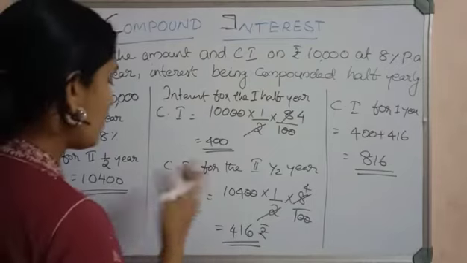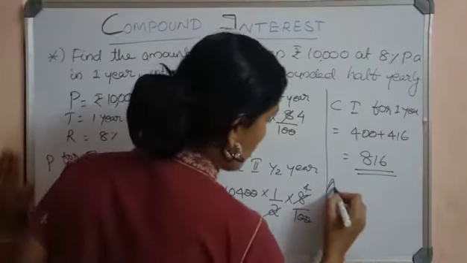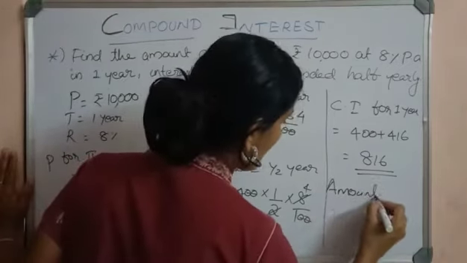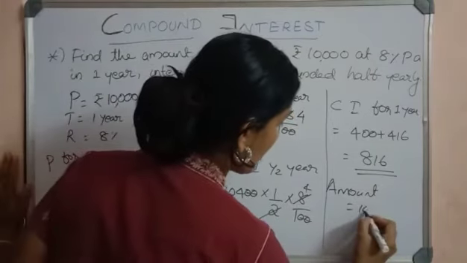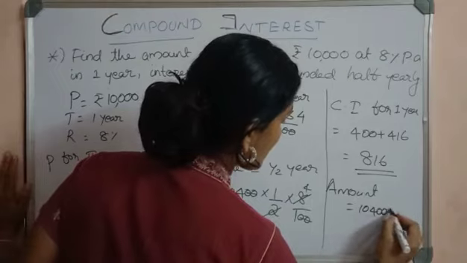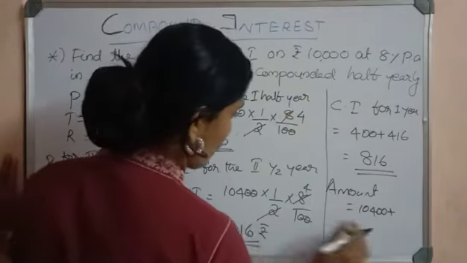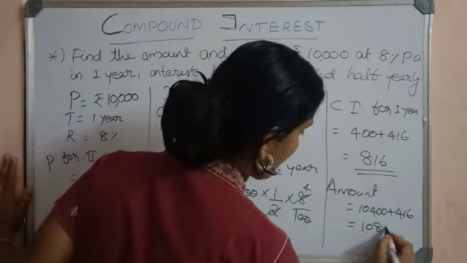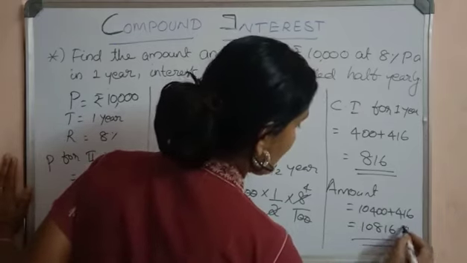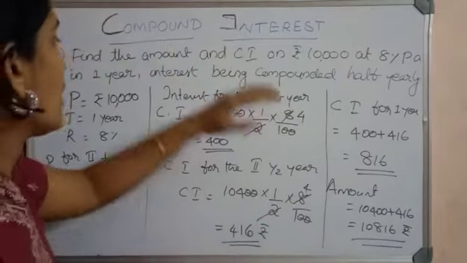In any way you can find it. Let's find the amount. Amount is equal to the principal for the second half year plus the interest for the second half year. That is 10,816 rupees. This is the amount you get at the end.